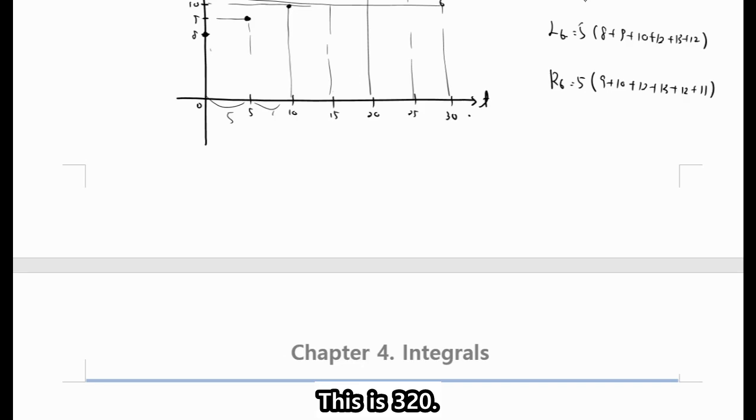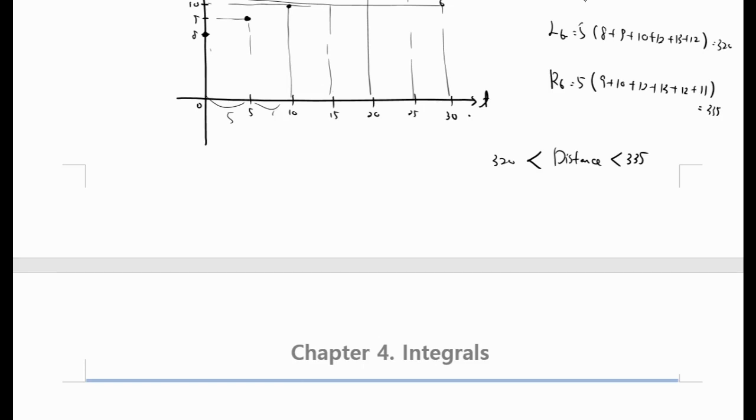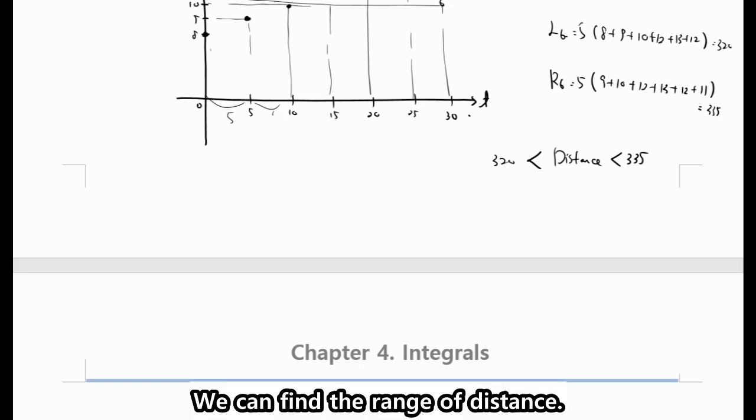So this is 300, this is 320, and this is 335. The distance is between 320 and 335 meters. This is the answer. This gives us the range of the distance.